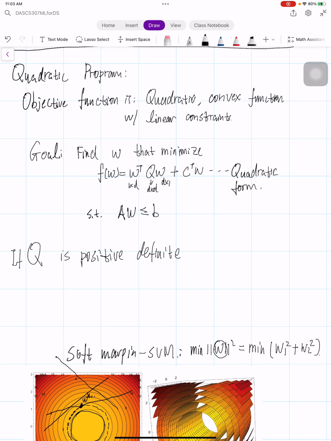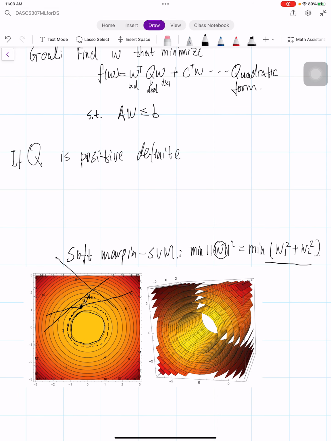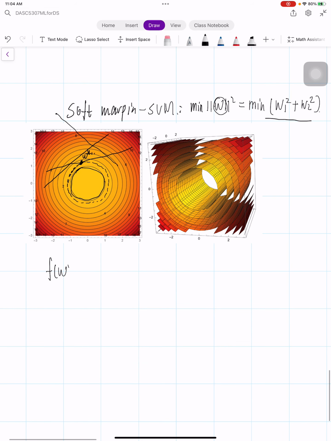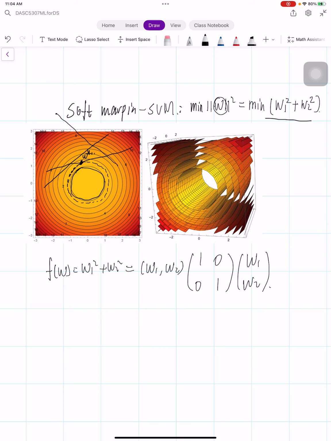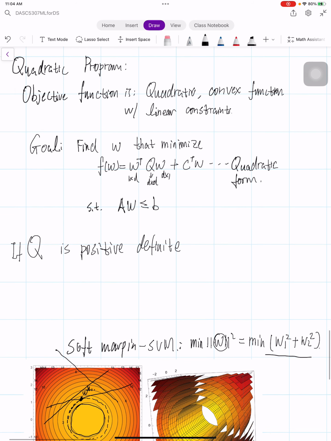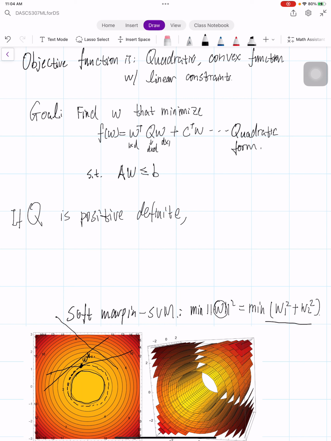For our case, you can think of f(w) equals w1 squared plus w2 squared, which equals [w1, w2] multiplied by a diagonal matrix and [w1, w2]. So this is our Q matrix. If this Q matrix is positive definite, our quadratic form always has only one local minimum.